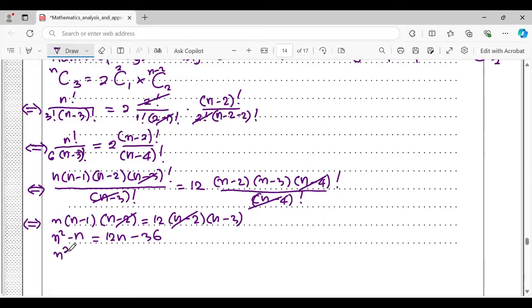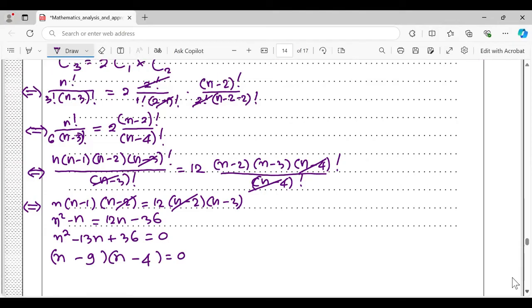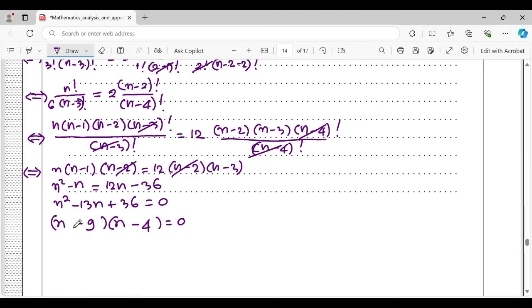It's going to be n squared minus 13n plus 36 equals 0. Factorize: minus 9, minus 4. So it becomes n equals 9 or n equals 4.